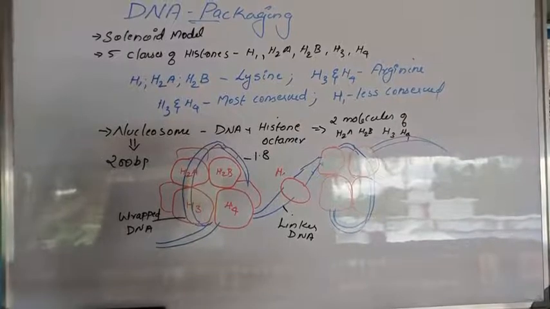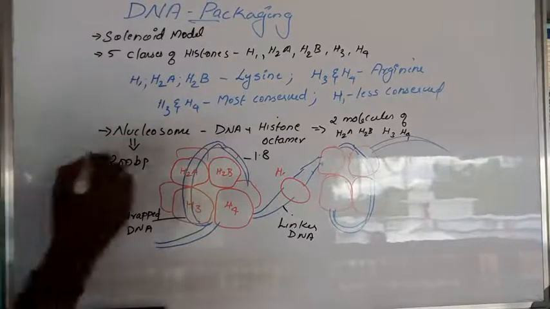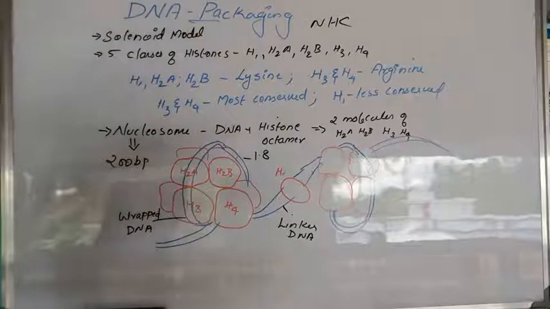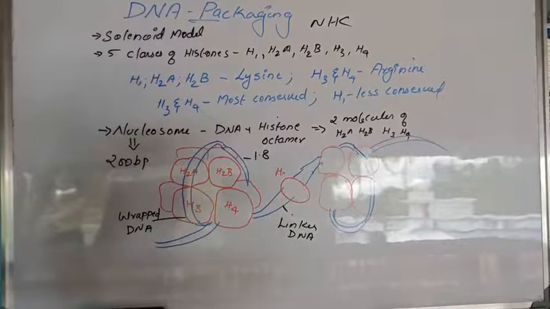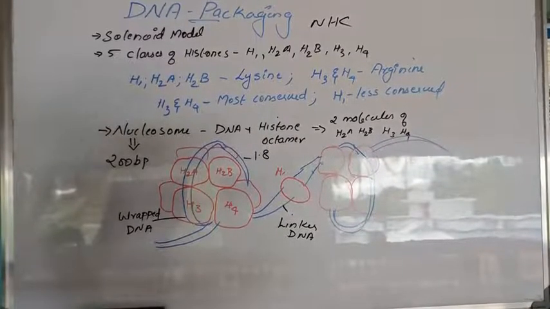Packaging of chromatin into the chromosome occurs with the help of an additional set of proteins called non-histone chromosomal proteins, NHC. These are high molecular weight proteins containing the amino acids tyrosine and tryptophan.